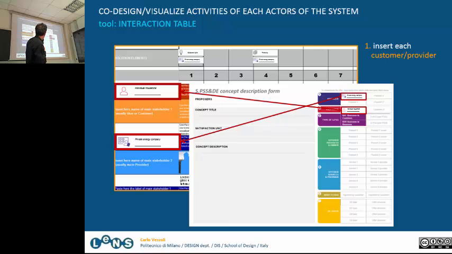You will paste those labels here in the left side column, where the stakeholders are, and each stakeholder performs the action on the row. So we put, for example, the customer, an individual household, and a private energy company or something. You will have yours, okay? I believe more than 2, 3, 4, I don't know. At the beginning there will be some. So first of all, we position those.